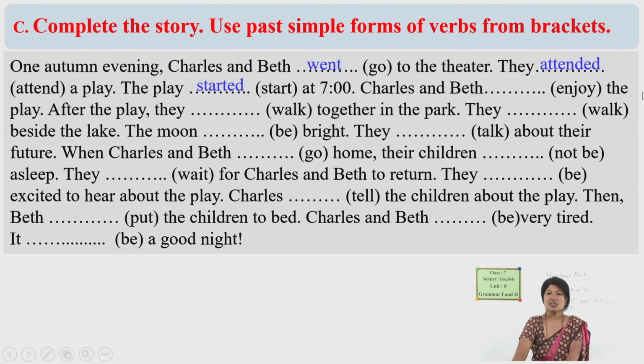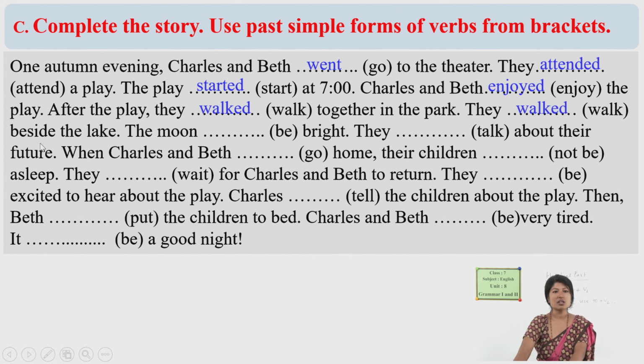Charles and Beth enjoyed the play. After the play, they walk. What's the past form of walk? Walked. Okay, walked together in the park. They did not walked again, right? Walked beside the lake. The noon B verb was bright. They talked about their future.